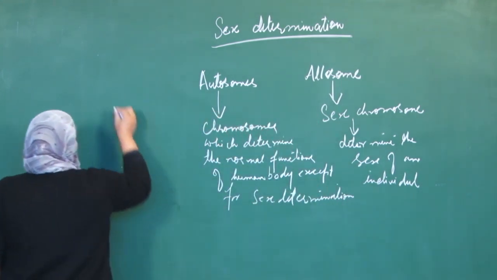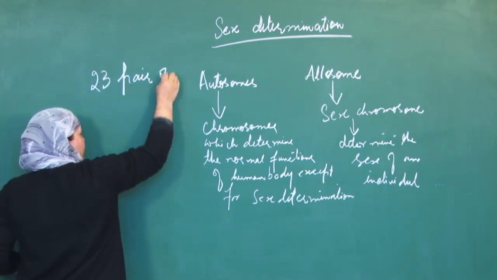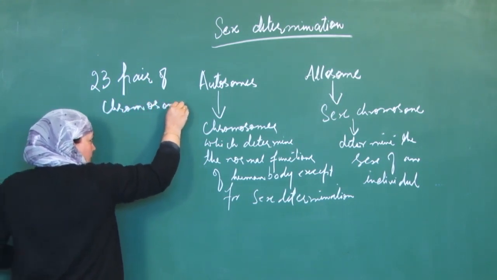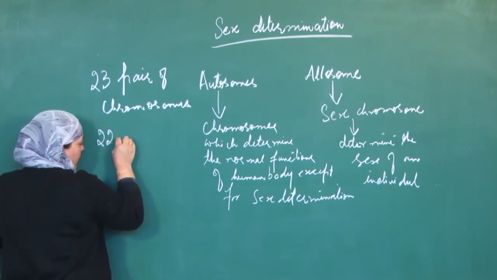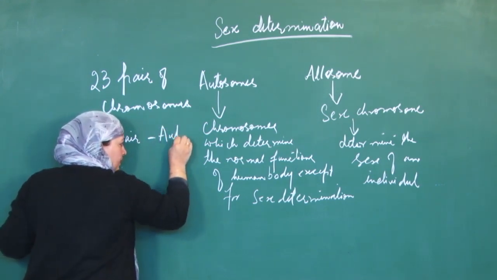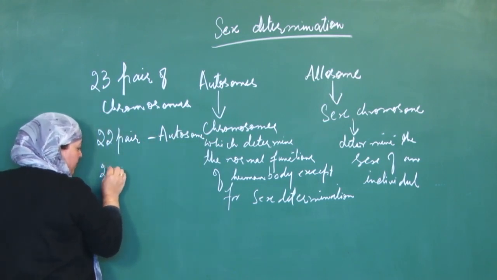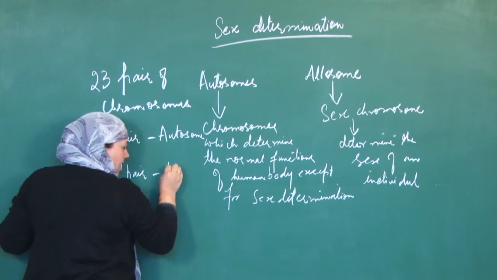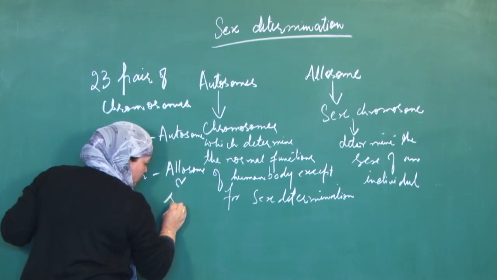There are 23 pairs of chromosomes in humans, out of which 22 pairs are autosomes and the 23rd pair is the allosome, the sex chromosome.